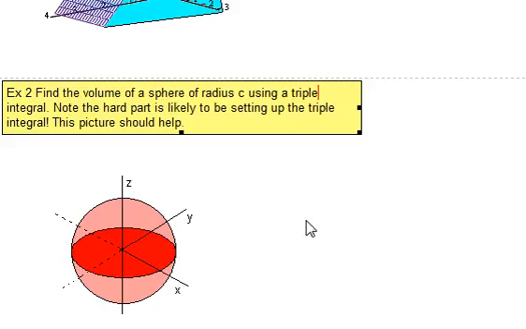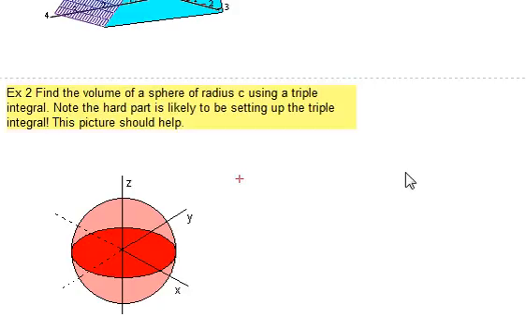So let's think about what z would be. Well, our sphere is x squared plus y squared plus z squared equals c squared. So that is our sphere, and I would say the upper limit for z would be the top.